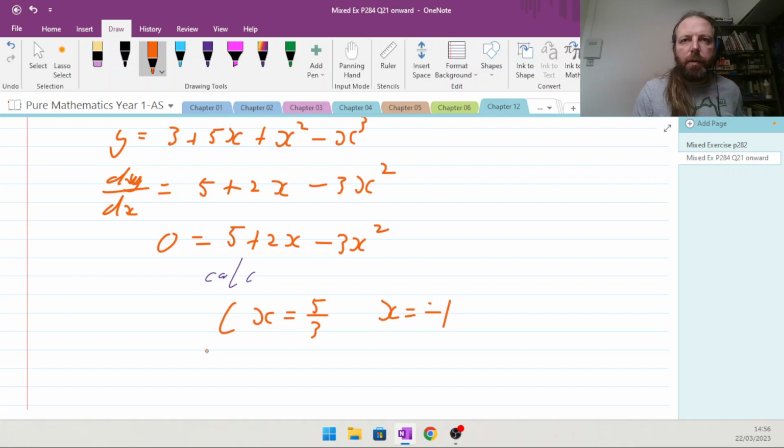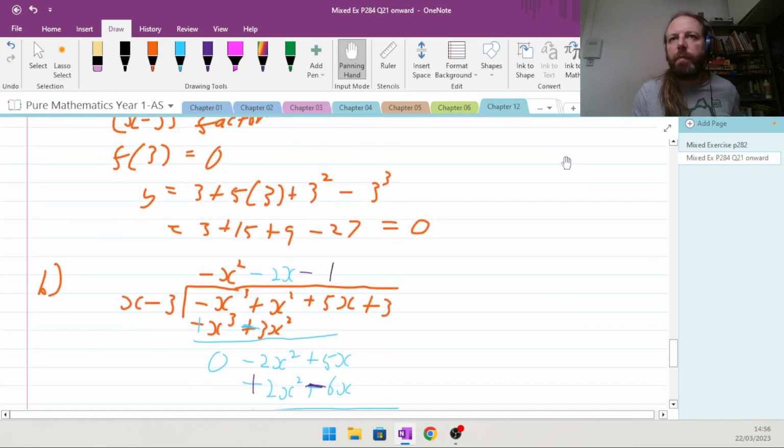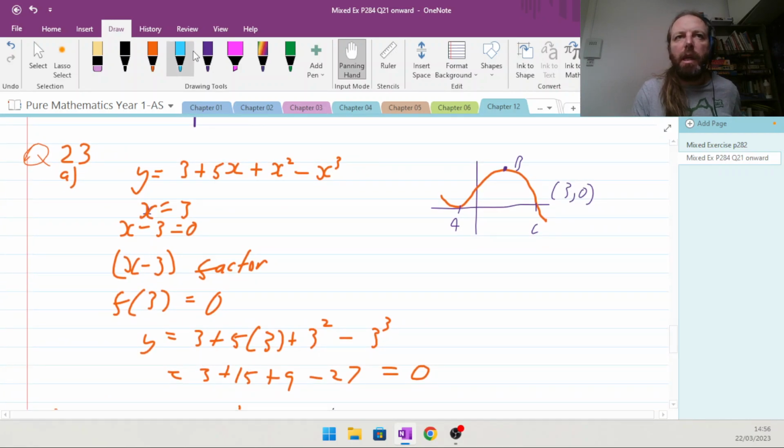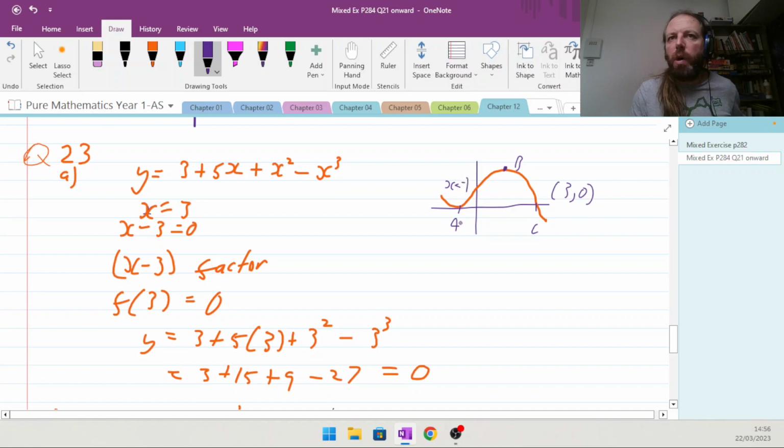So remember the graph that they gave us? That's got to be x equals minus 1.